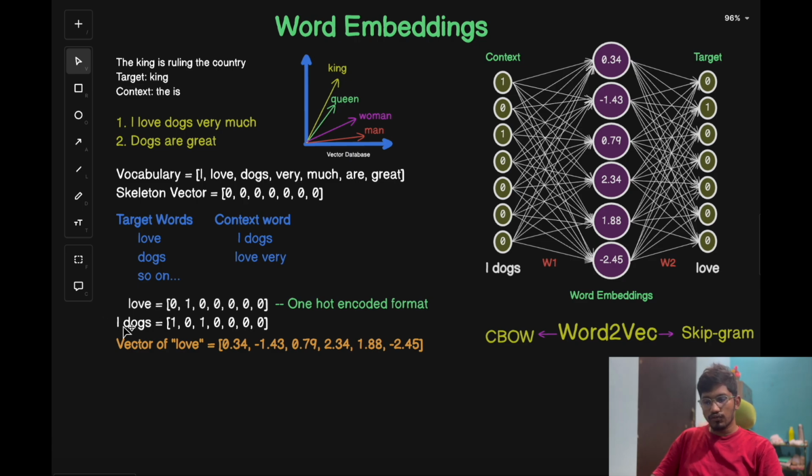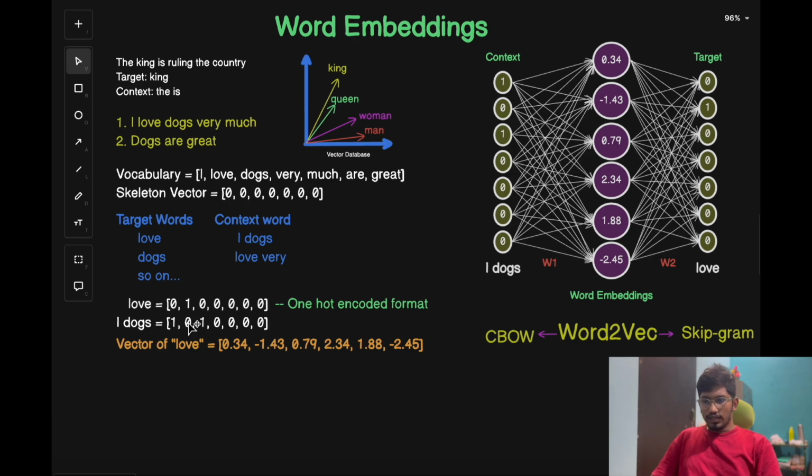The one hot encoded format for the context words I and dogs is 1 0 1 then all zeros, because I is present here, so 1 is set here, then this is 0, then dogs is present here, hence 1 is set here, and all other positions are set to 0. So this is my one hot encoded format for my context words.